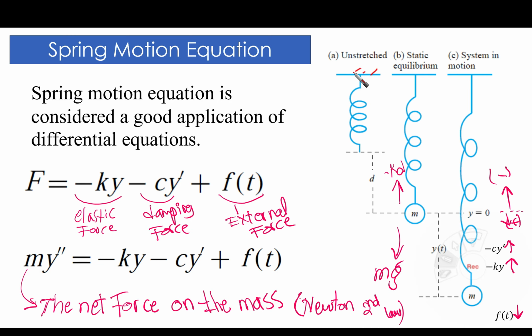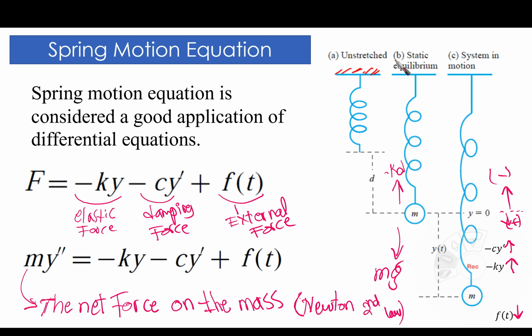So we have here, as if there is a fixed wall, for example, and our spring is unstretched. Unstretched means that there are no masses applied here, no forces, nothing. It is just the original case of our spring system.